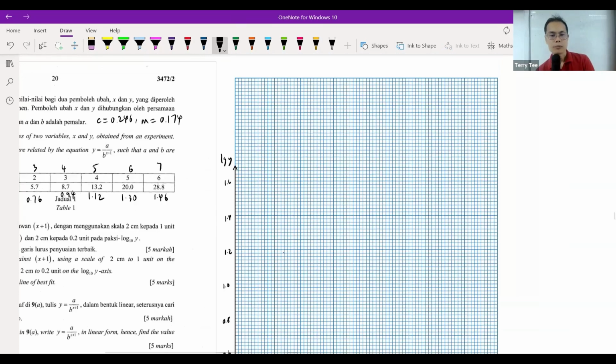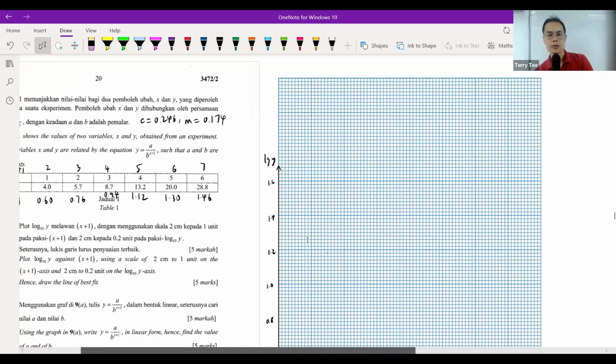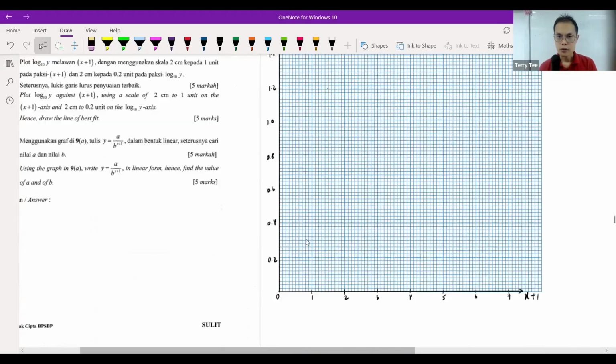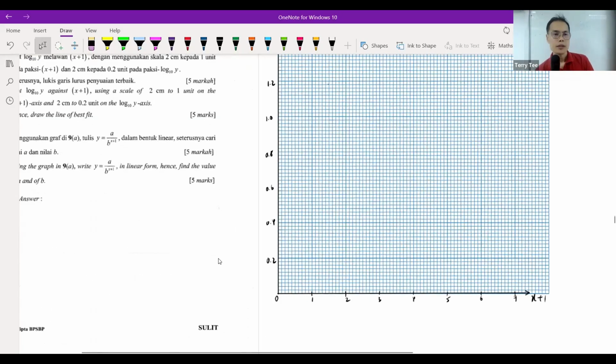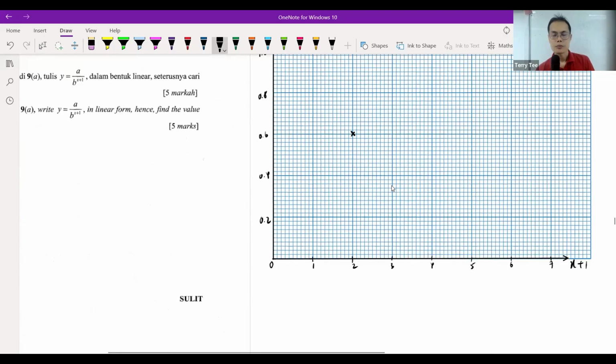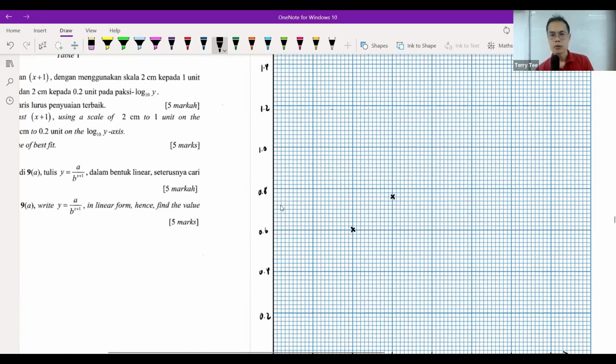Okay, next we're going to plot the points one by one. Starting with 2 and 0.6, which is this point. Next, 3 and 0.76. Next is 4, 0.94.